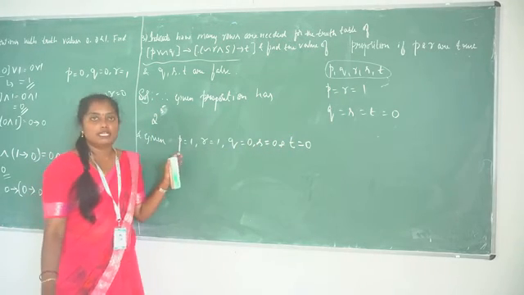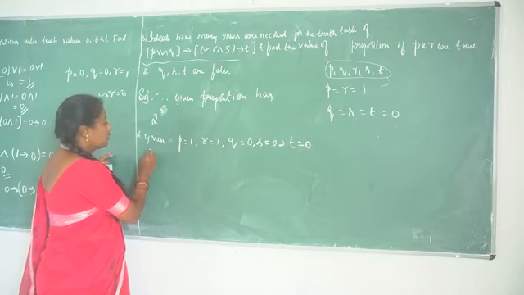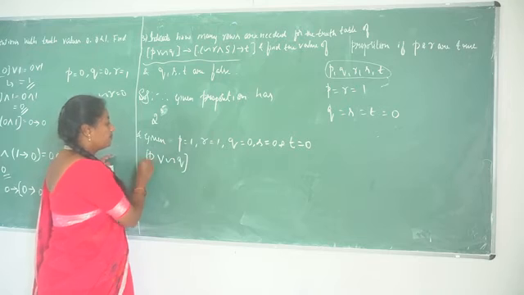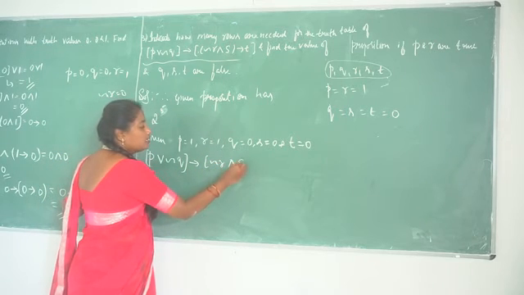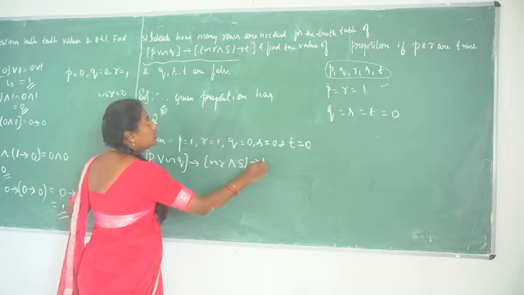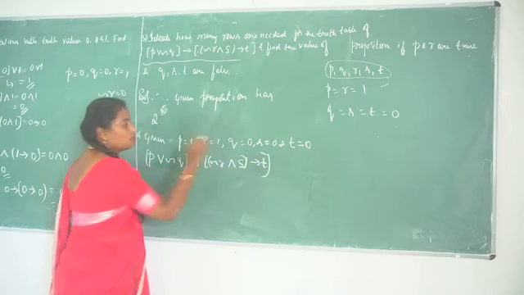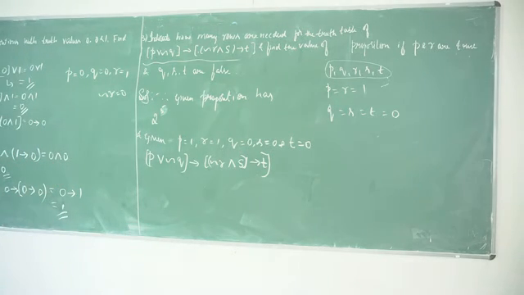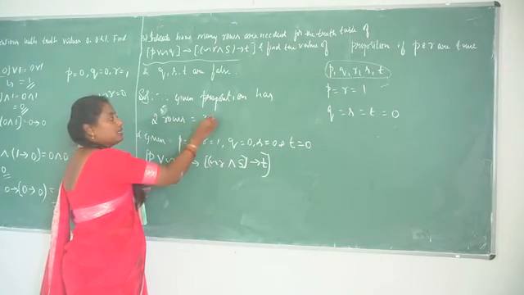Now we have to find the truth value of this proposition, P or not Q, then not R and S, then T. So the given proposition has 2 power of 5 rows, and 2 power of 5 is nothing but 32.